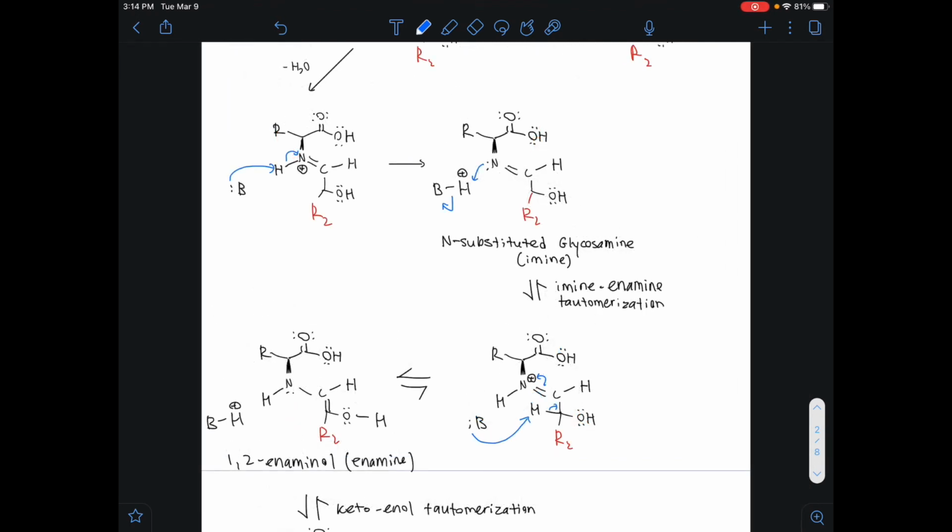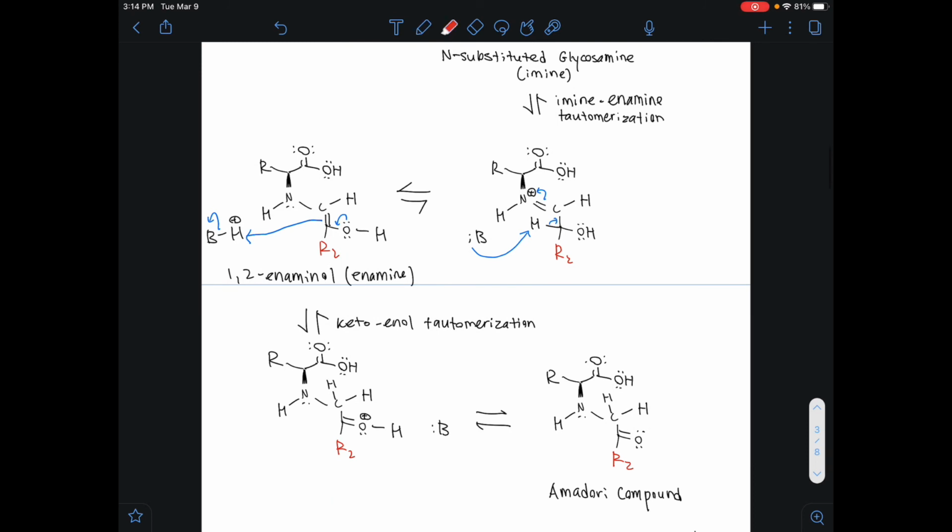Then what happens is a keto-enol tautomerization. First, the lone pairs on this oxygen drop down, which forces these double bonds to attack this hydrogen, and the electrons move to the base. This results in the formation of a CH2 group, which is shown here.